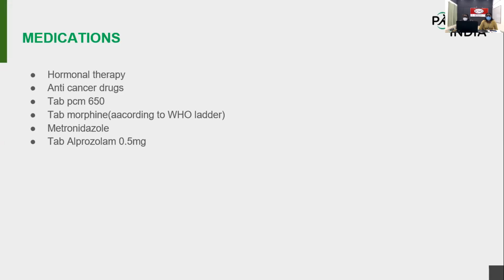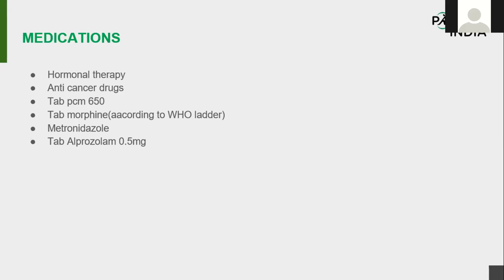Based on that assessment, you have to treat. As I said earlier, if the patient is having nociceptive pain, you can give systemic analgesics like a rescue dose of morphine. Or if the patient is having neuropathic pain, you can use a local anesthetic agent like xylocaine or sensocaine.